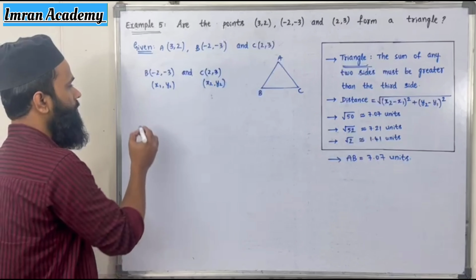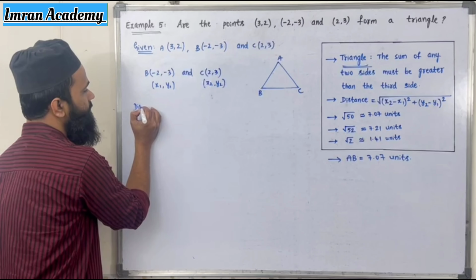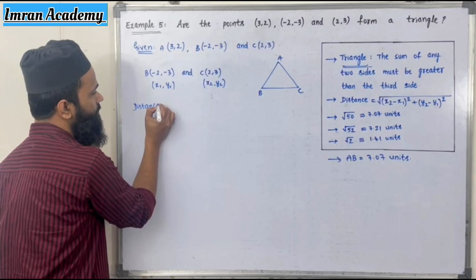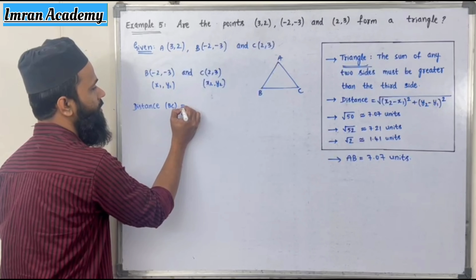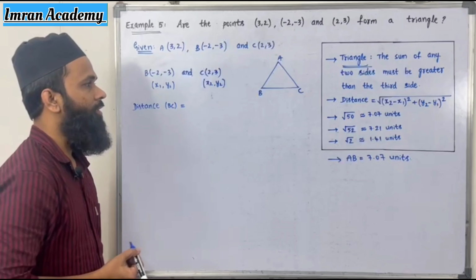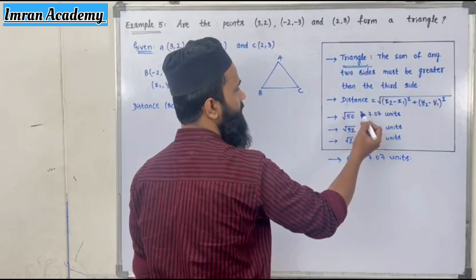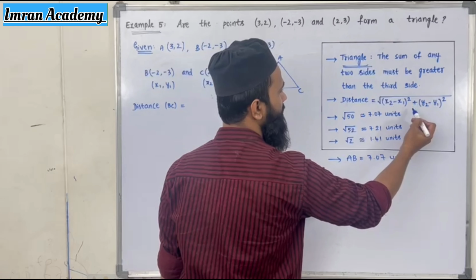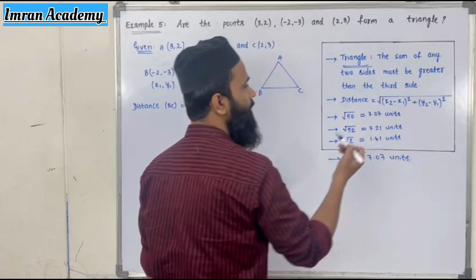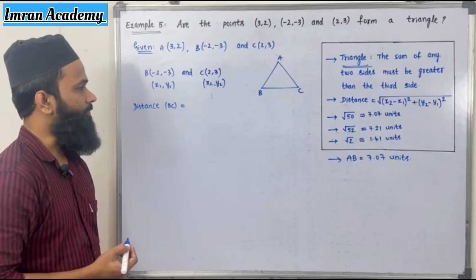We know distance BC is equal to square root of (x2 minus x1) whole square plus (y2 minus y1) whole square. Apply this formula.